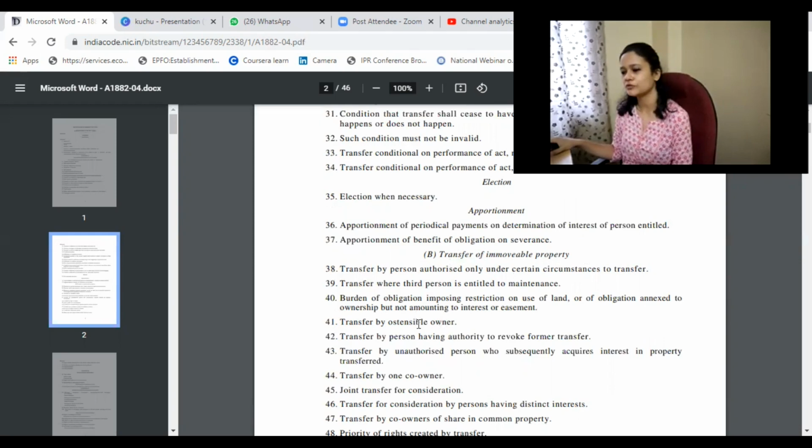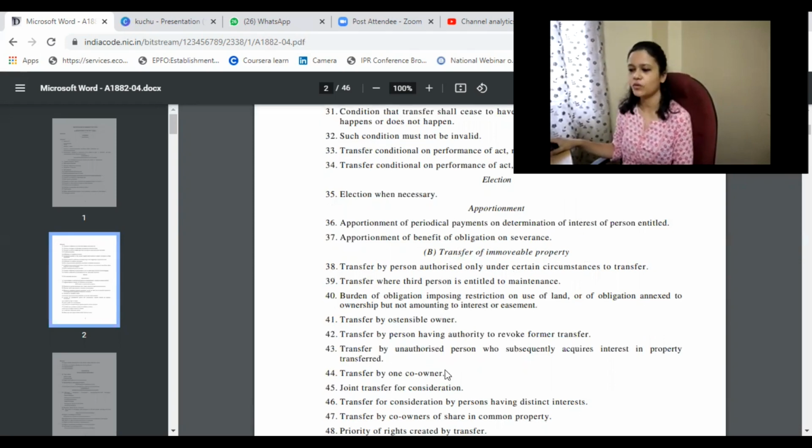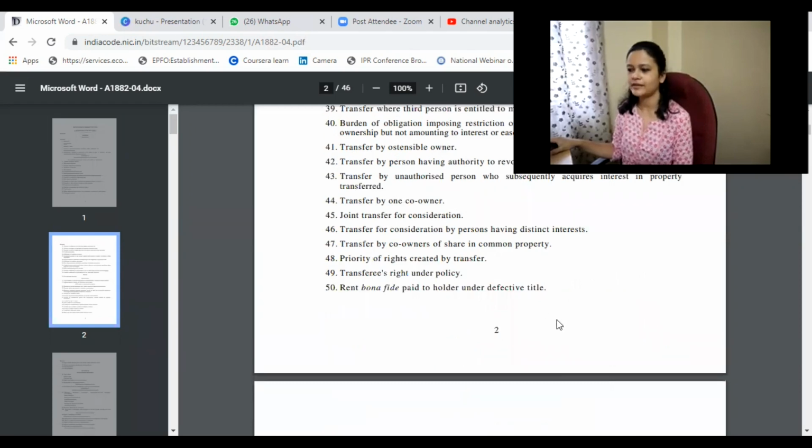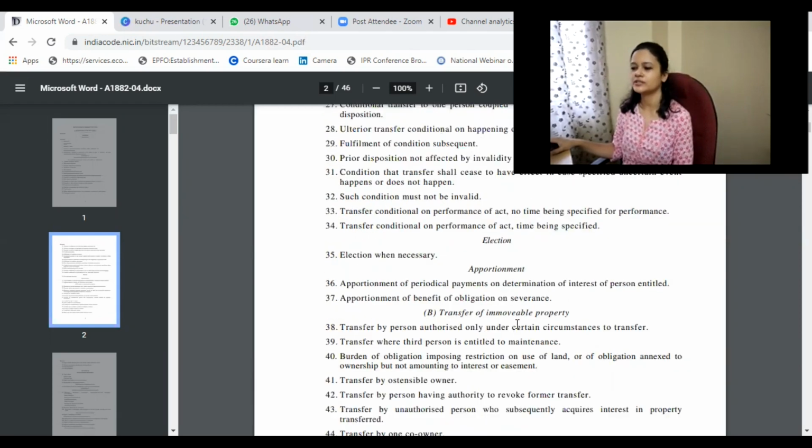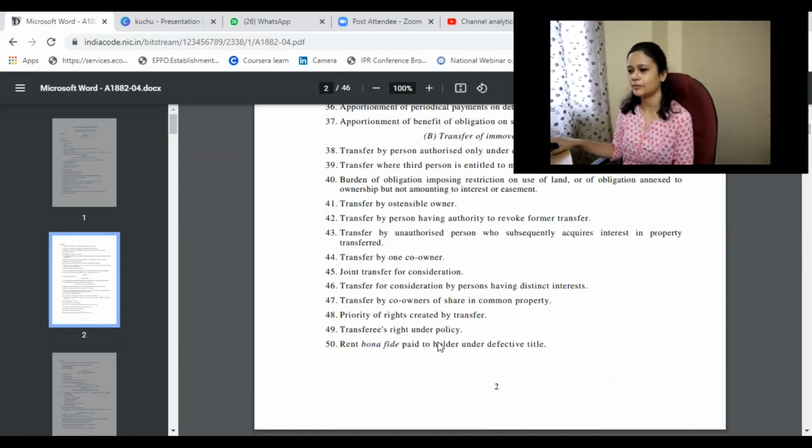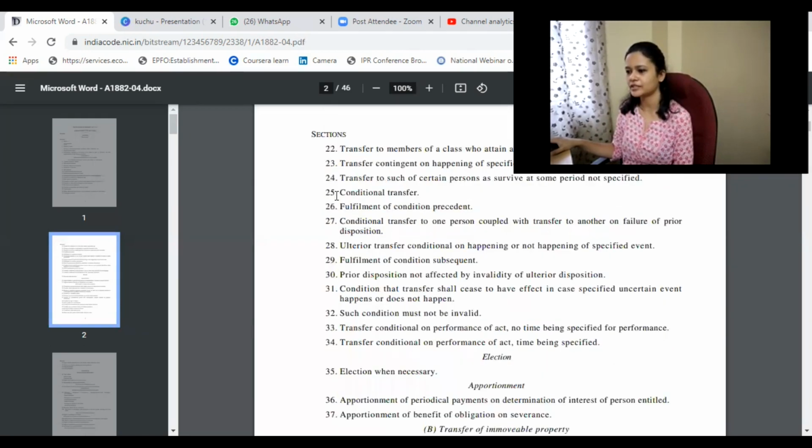Those provisions, like transfer by ostensible owner, co-owner, bona fide holder, would only be applicable with regard to immovable property. So what we are going to discuss today falls under part 1, that is, it's applicable for both types of properties. There is no restriction as such based on what property it is.